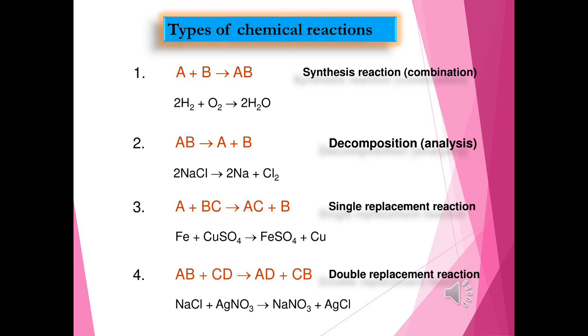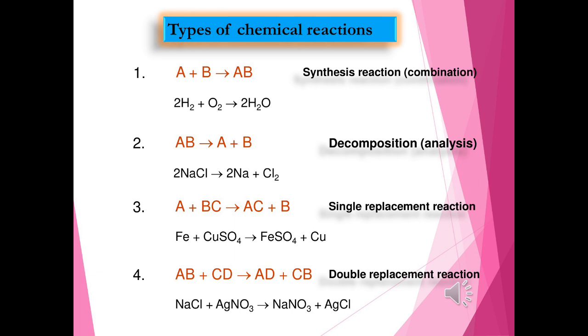2H2 plus O2 gives rise to 2H2O. This is a chemical combination reaction or synthesis reaction. One more you can tell, 2Mg plus O2 gives rise to 2MgO. Then decomposition reaction, also called analysis reaction. Example, 2NaCl gives rise to 2Na plus Cl2.